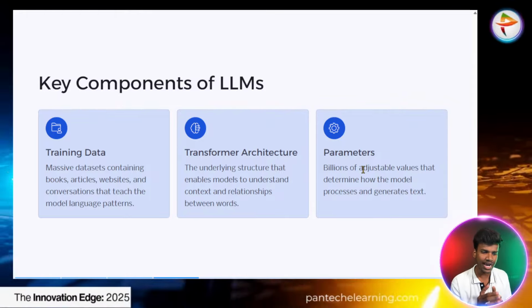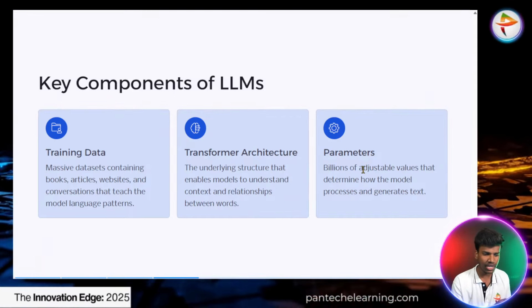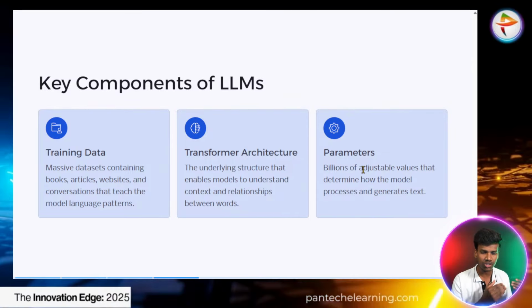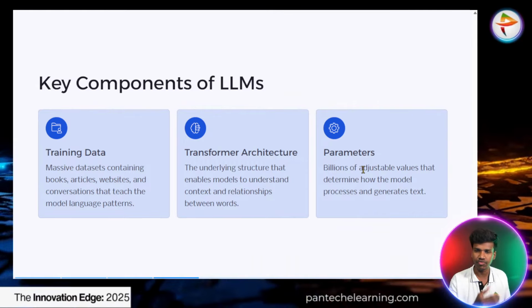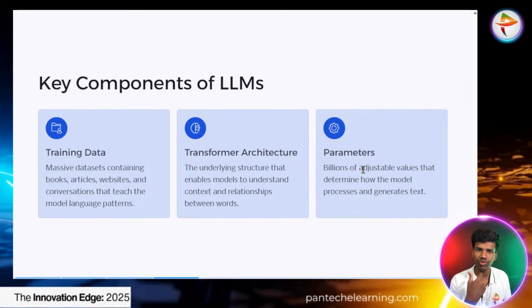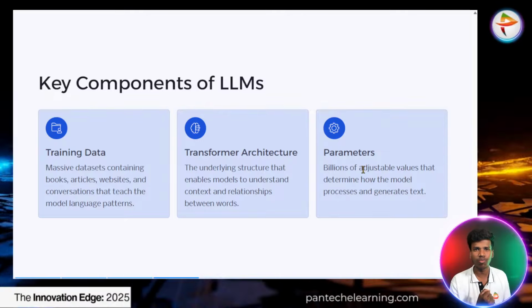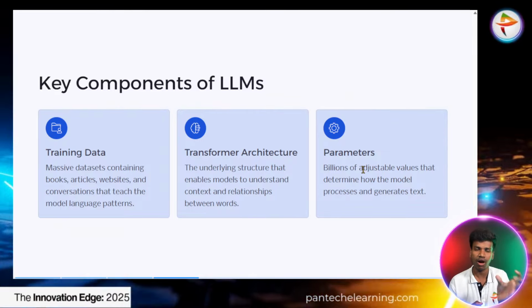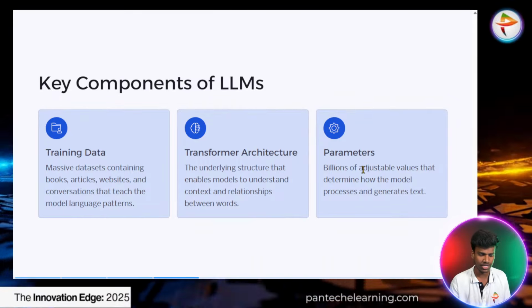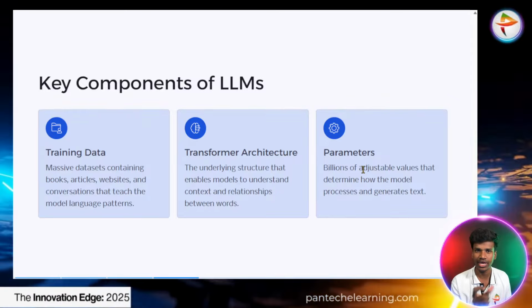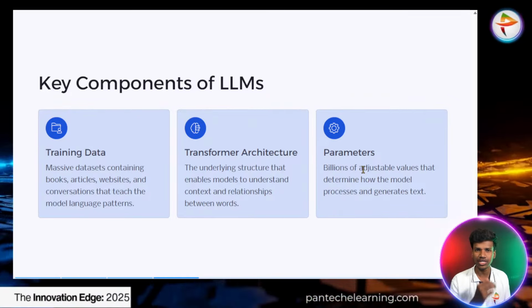The next one is the transformer architecture, the underlying structure that enables the model to understand the context and the relationship between the words. Now I am asking one question to ChatGPT: I need to know about the trending car models in this particular area. They take one initial word only, they can't take every word.